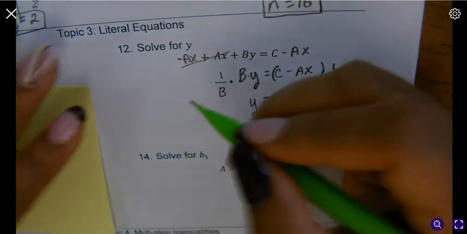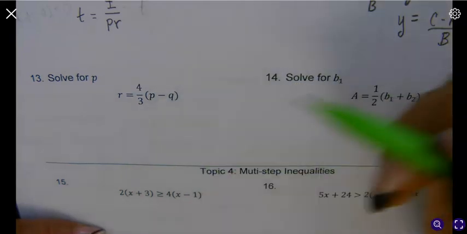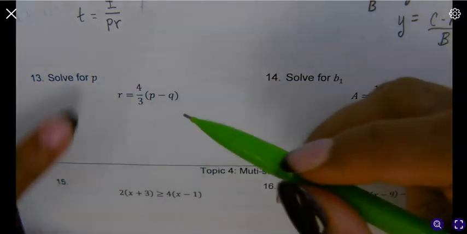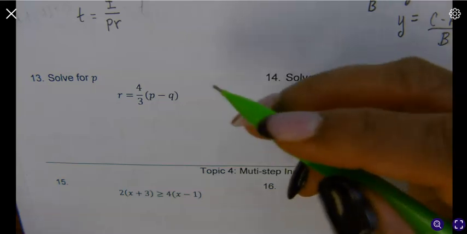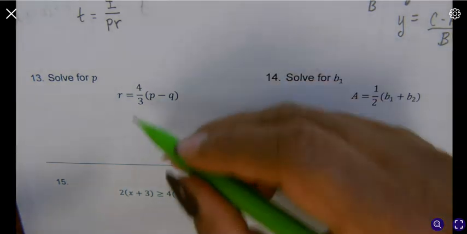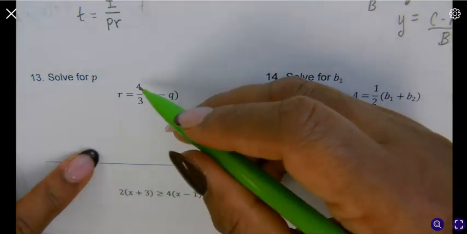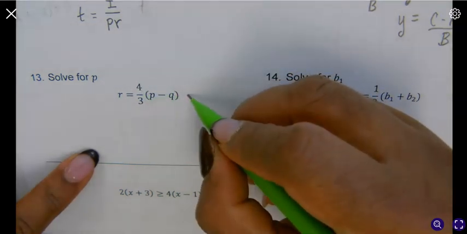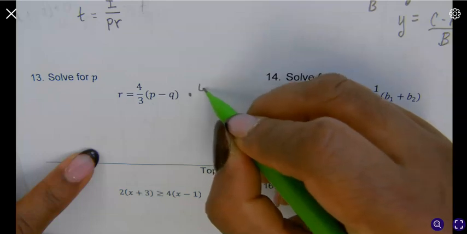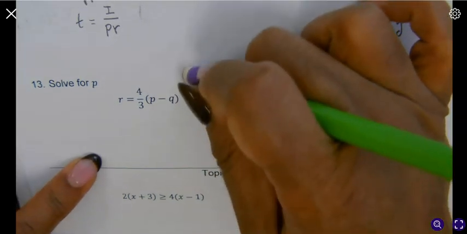Okay, so that's that. Here's a couple more. So I have p here on the inside. That's what I'm solving for. What I can do here is get rid of the 4 over 3 by multiplying by the inverse of 4 over 3, which is basically the reciprocal, 3 over 4.